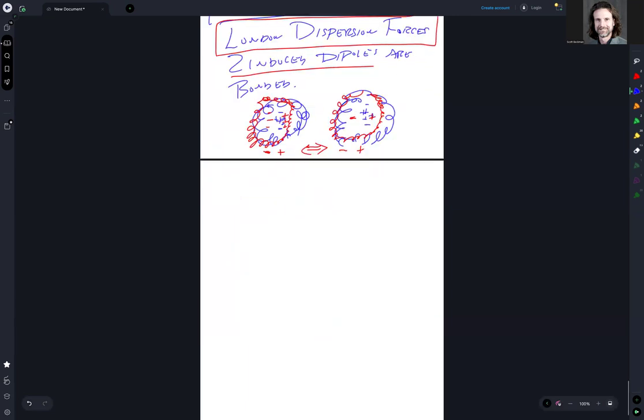The second I'd like to discuss is called Keesom forces. In the case of Keesom forces, you have two permanent dipoles bonded.